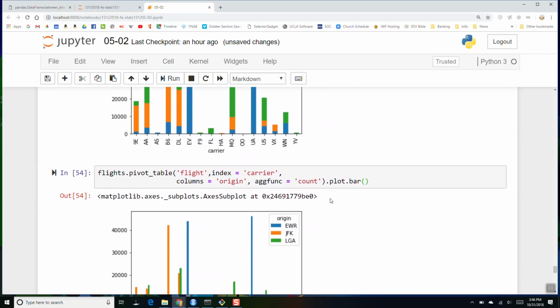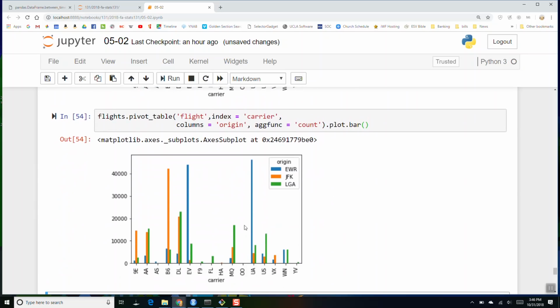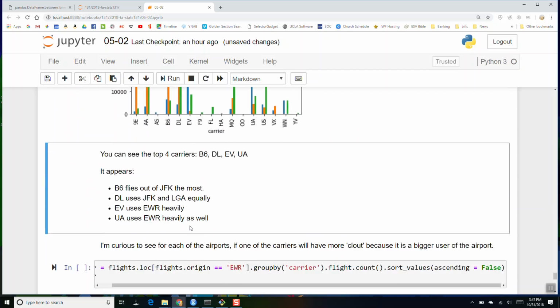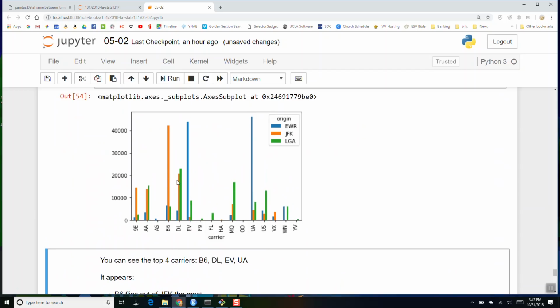One thing about the unstacked, though, is that the total volume gets lost, right? Like here, Delta is almost as tall as JetBlue and ExpressJet, but because its height is spread across two columns almost evenly, this is a little bit deceiving in that it looks like Delta is a little bit shorter, okay?